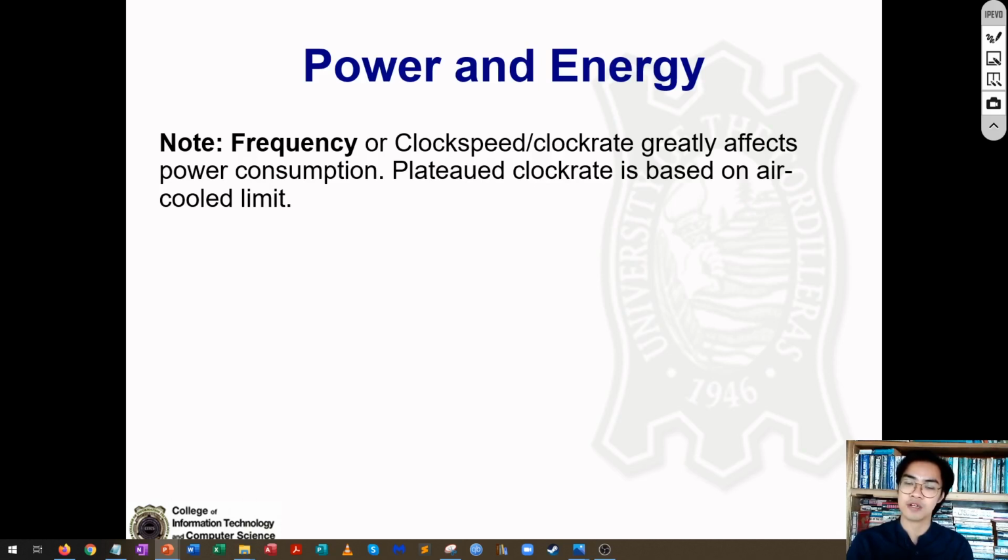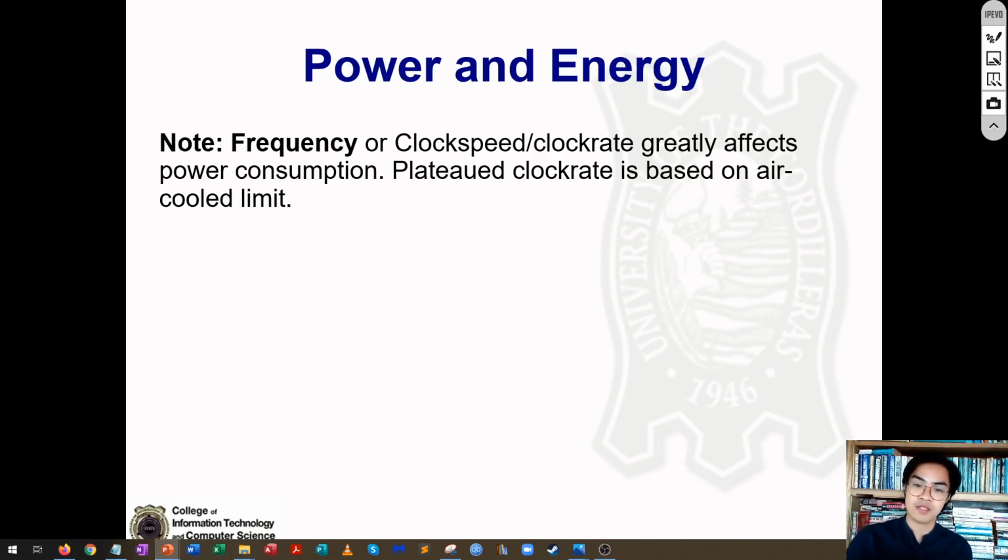So if you have, for example, our AMD EPYC Rome, you have 32 billion transistors. The frequency at which you can switch all of those at the same time from 1 to 0 will greatly affect power consumption because your transistors need a specific amount of energy to be switched from 0 to 1.